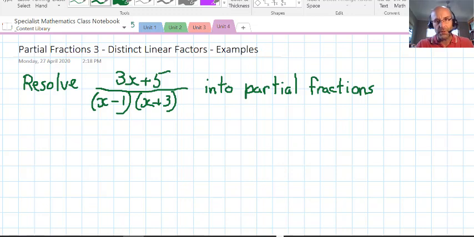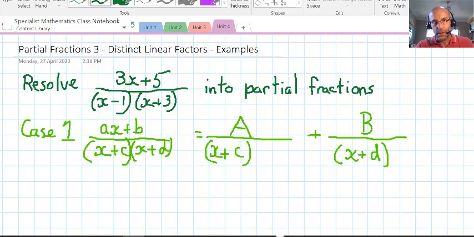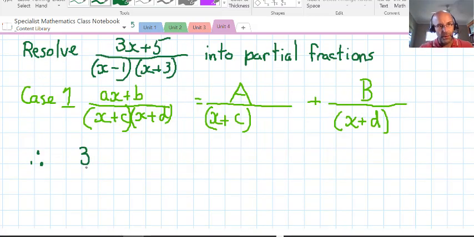Firstly, we need to identify which case it is. Well, it's case 1. Case 1, as you can see, is where we have distinct linear factors. Okay, so let's see how that works here with this particular example. Thus, for ax + b, we've got 3x + 5 on the numerator.